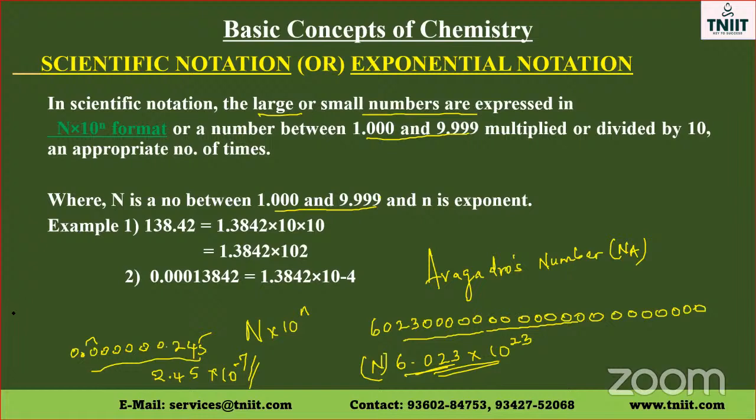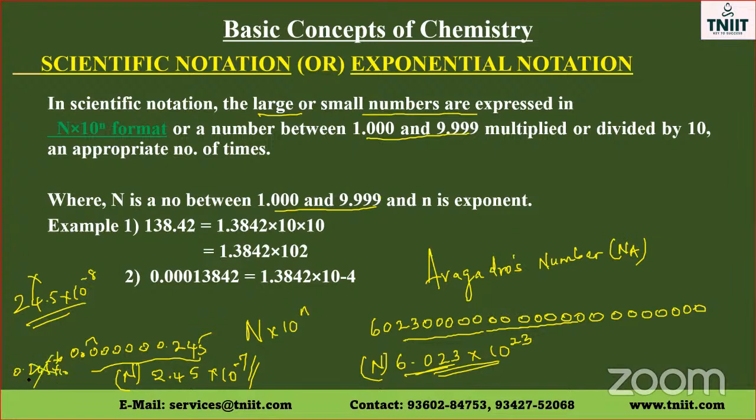We cannot write this as 24.5 into 10 to the power minus 8. This is wrong because the capital N value should be between 1.000 and 9.999. It cannot be above 10 or below 1. So we cannot write this as 0.245 into 10 to the power minus 6.